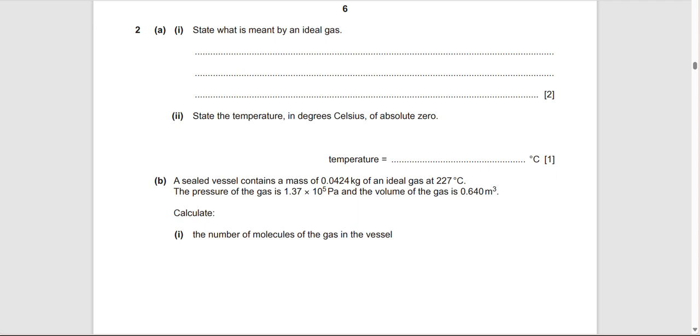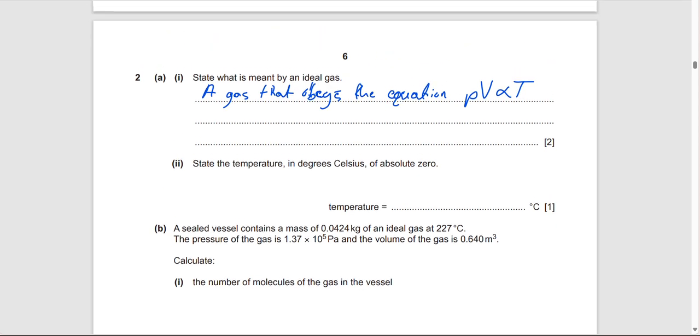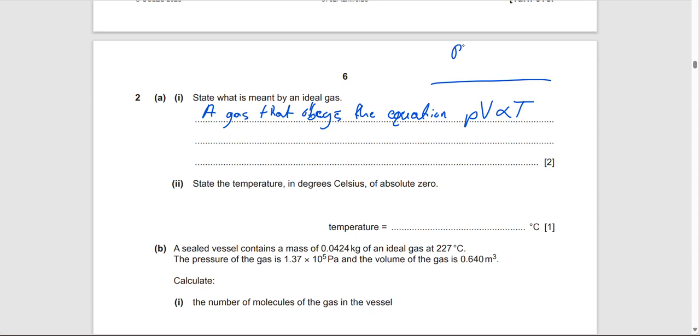Okay, so an ideal gas is a gas that obeys the equation PV is directly proportional to T. If you also write PV over T is directly proportional to a constant, that should also get you your marks.